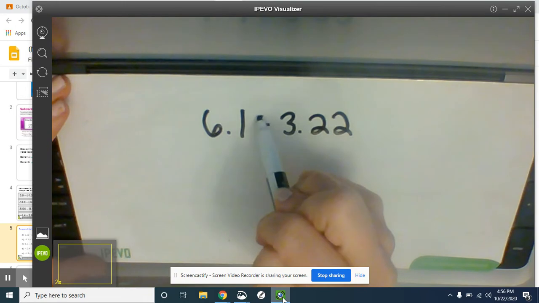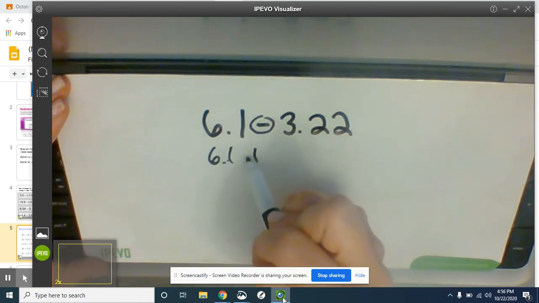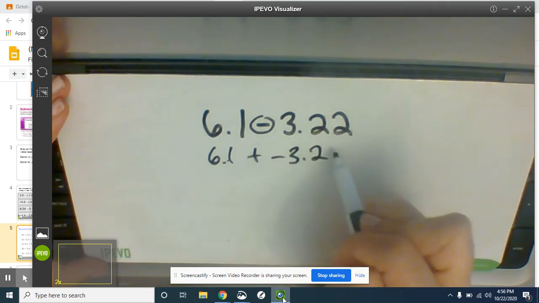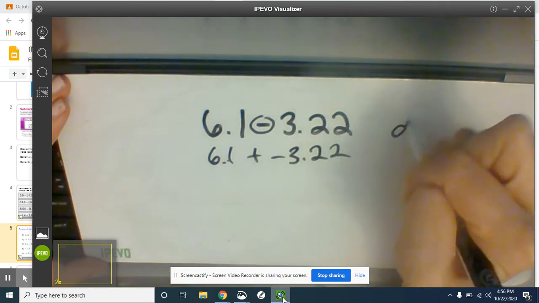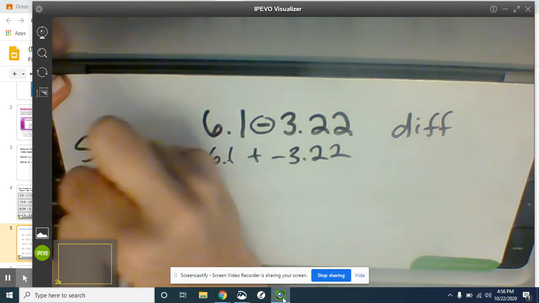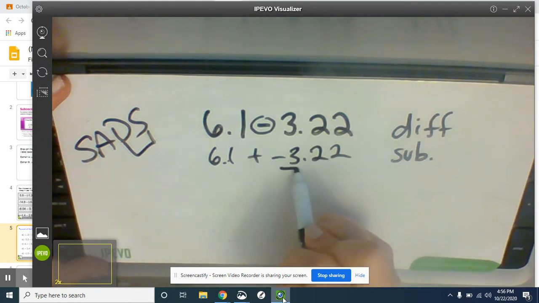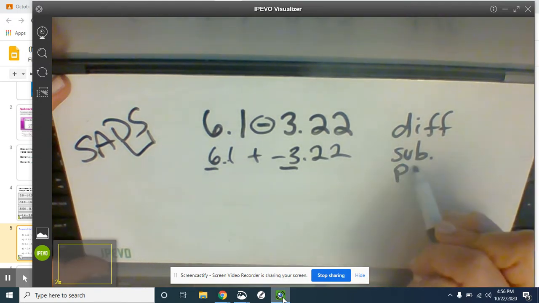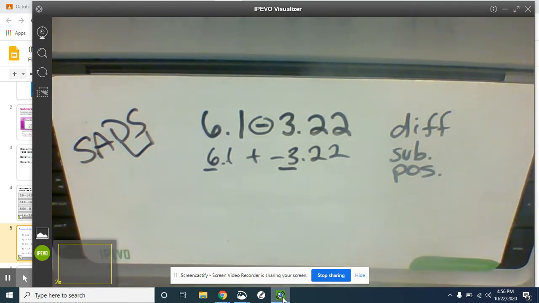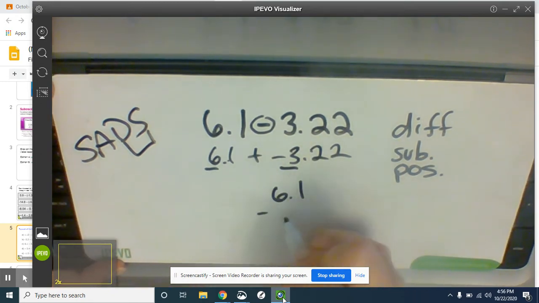Okay, so subtraction, keep, add, opposite. The signs are different, SADS, different, subtract. And looking at that whole number part, there are more positives, so our answer will be positive. So that means that the positive number is going to go on top. 6.1 minus 3.22.